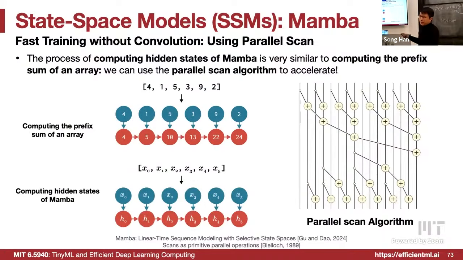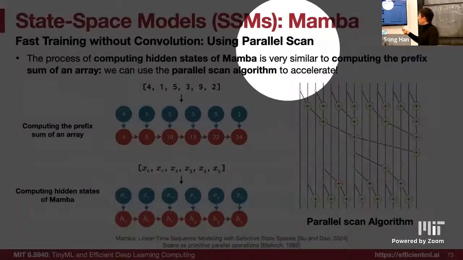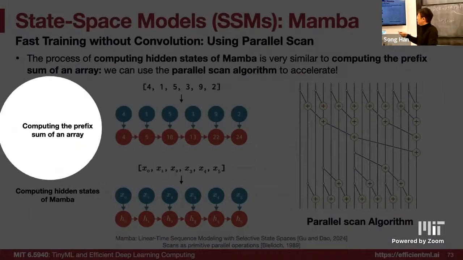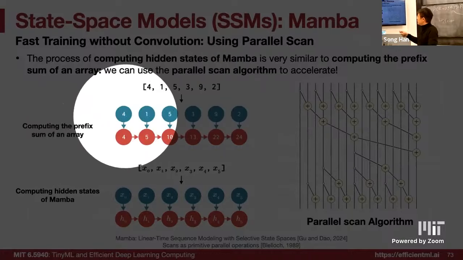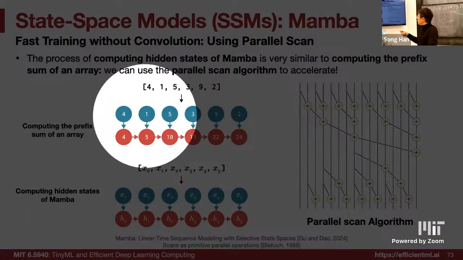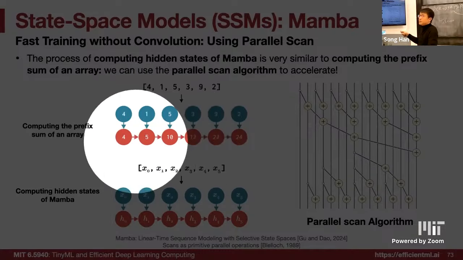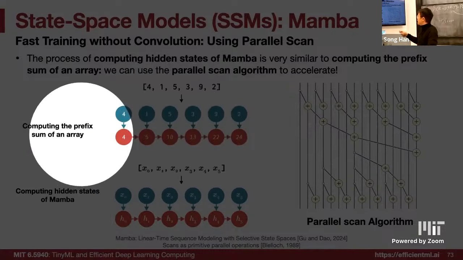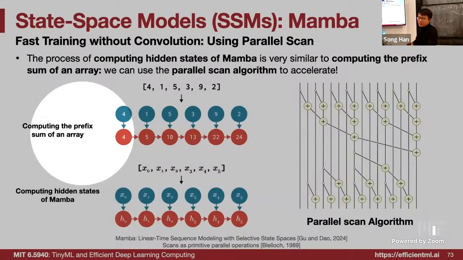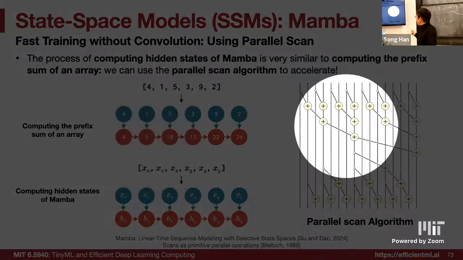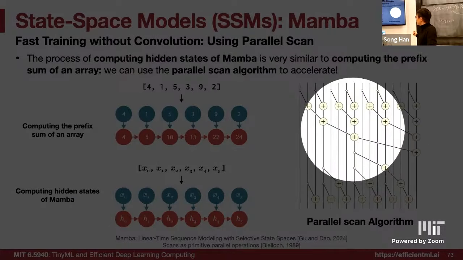Luckily, the parallel scan is one of the implementations we can borrow, similar to computing the prefix sum: 4 plus 1 is 5, 4 plus 1 plus 5 is 10, 4 plus 1 plus 5 plus 3 is 13. Calculating the prefix sum is a very classic algorithm that can be implemented efficiently by parallel hardware using the parallel scan algorithm.